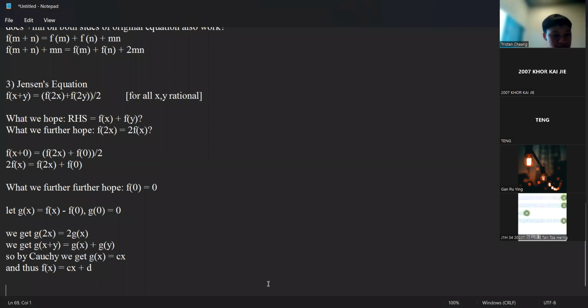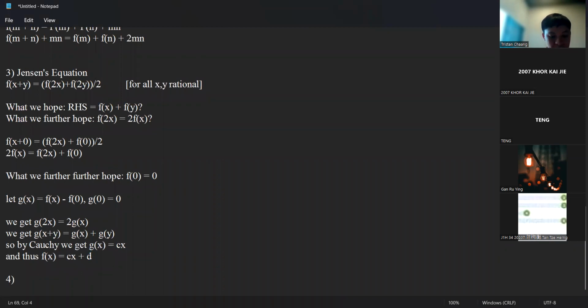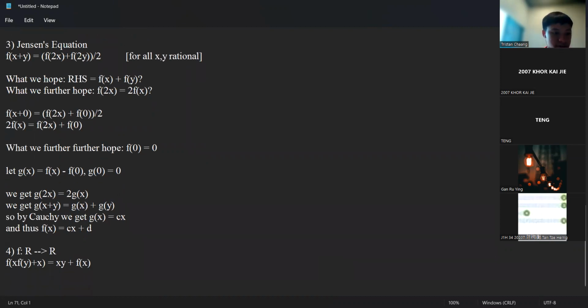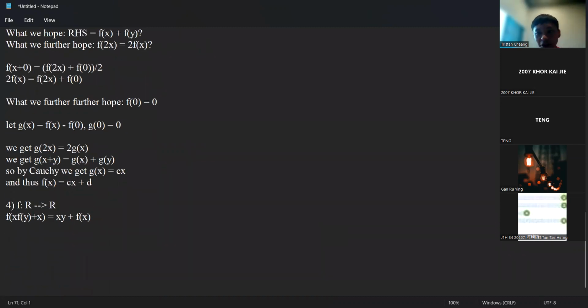And then the next one is f from R to R, and here's where I up the difficulty: f(x f(y) plus x) equals xy plus f(x). Now, this is obviously not Cauchy, and most of the exercises here are quite unrelated to Cauchy also.